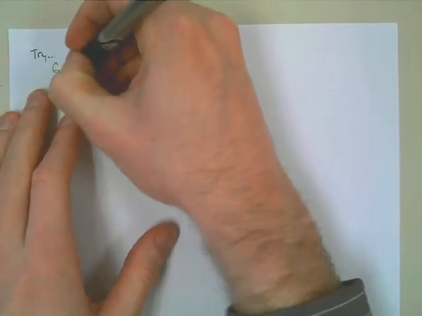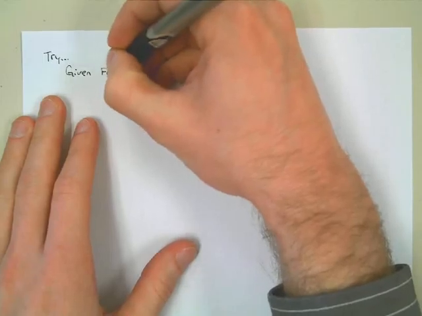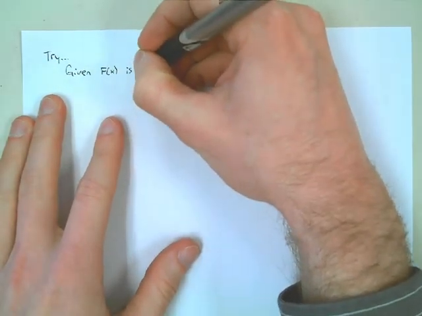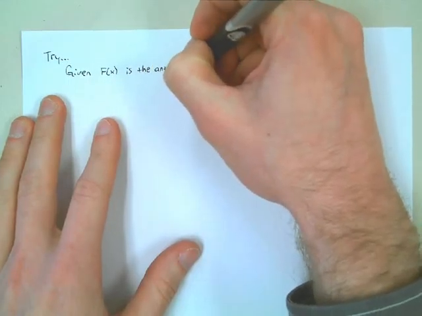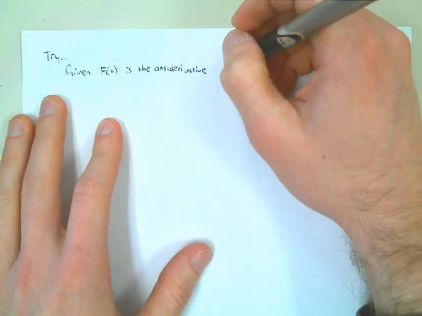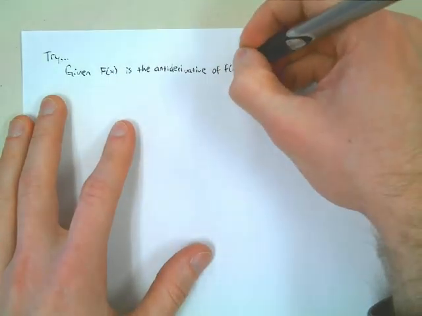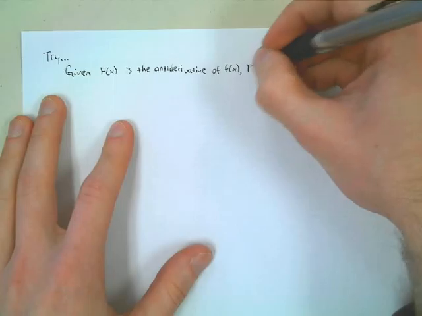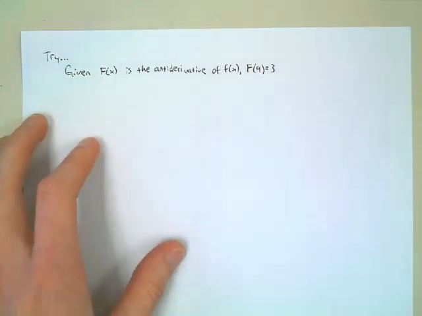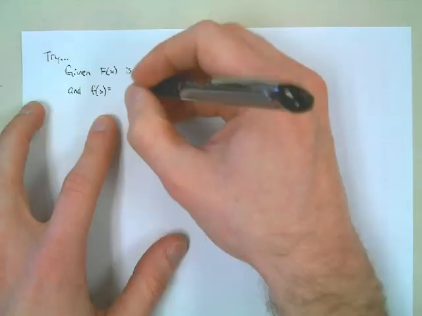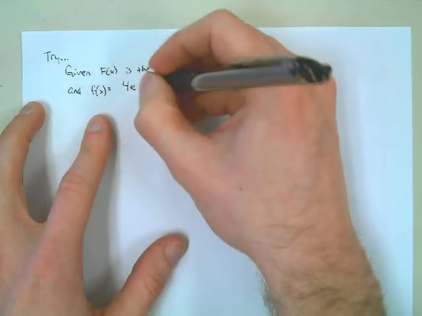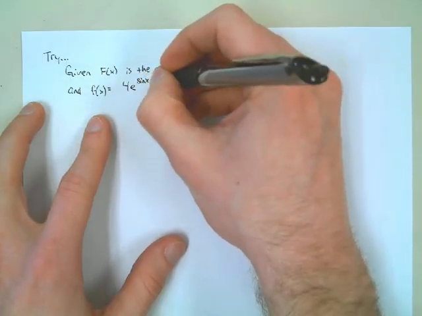Given capital F of x is the antiderivative of lowercase f of x, capital F of 9 equals 3, and little f of x equals 4e to the sine of x minus 2 all over 2 plus 5 to the x.